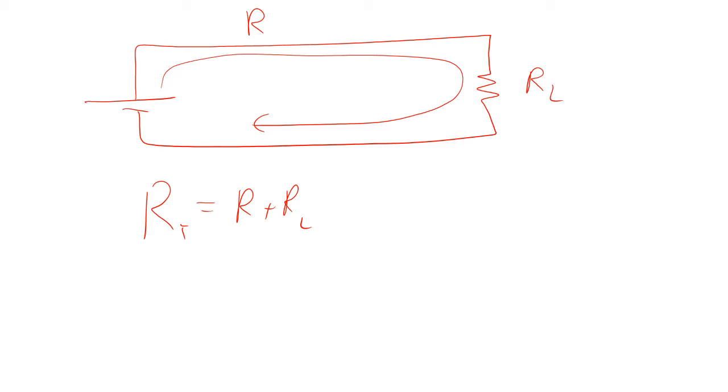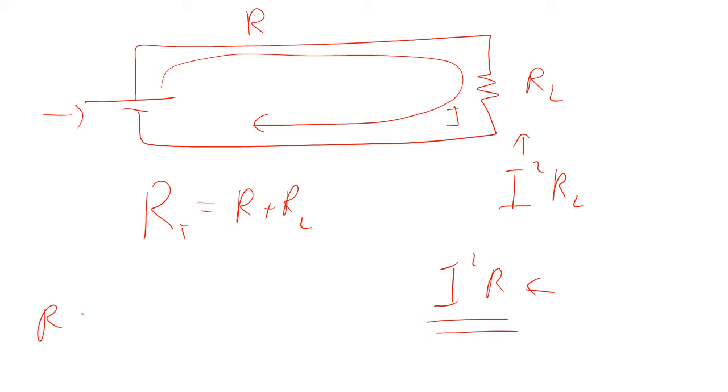And so that means that if we have electrical current going through here, the power I squared RL is the power being dissipated in the load, but I squared R is also being dissipated in the wires. So if the wires have about the same resistance as the load, you're wasting half of your power in the wires instead of in the load, which means you have to have twice as much power being supplied up here.